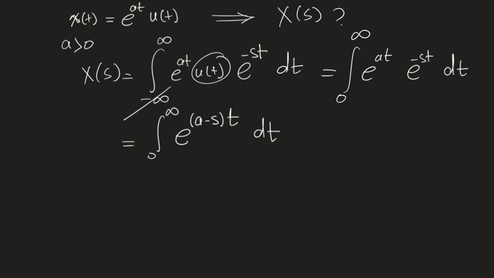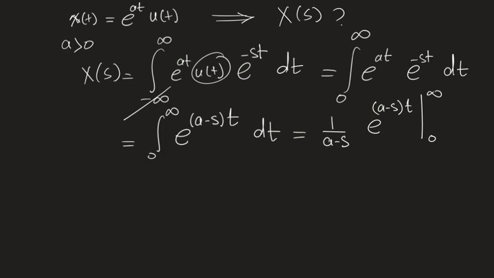Okay? And solving this integral will give you what? 1 over a minus s, right? Multiplied by e to the a minus s t, and you have two substitutions, 0 and infinity.